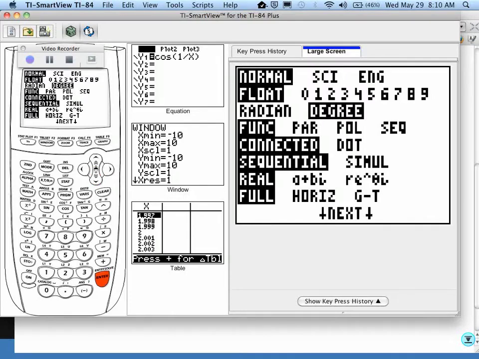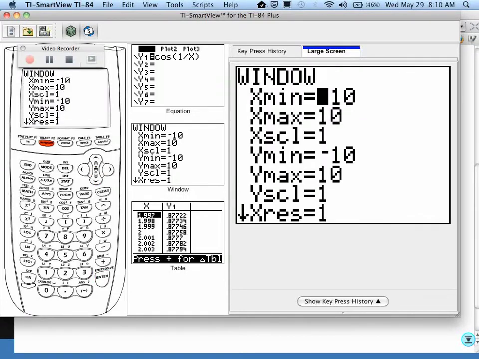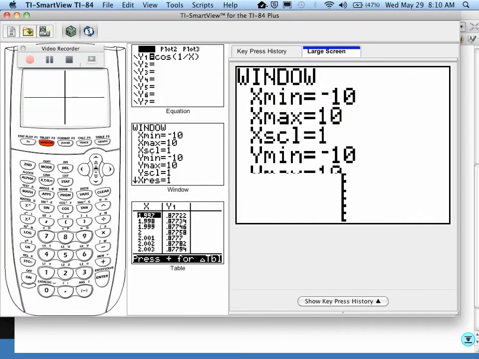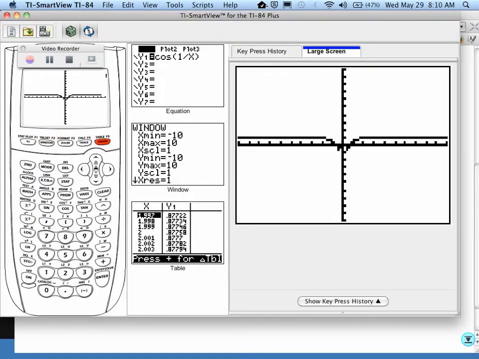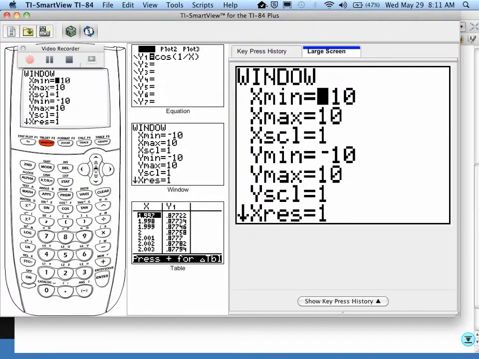Then I'm going to switch the window to negative 5 to 5, and negative 1 to 1.